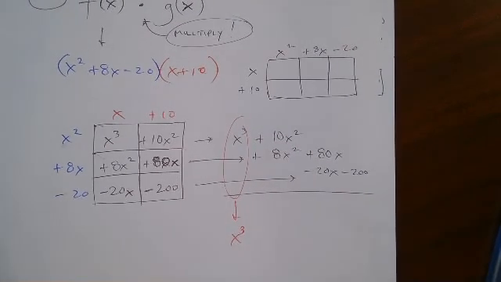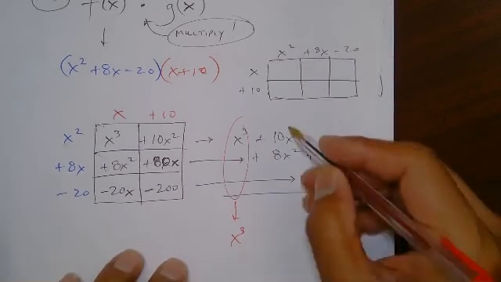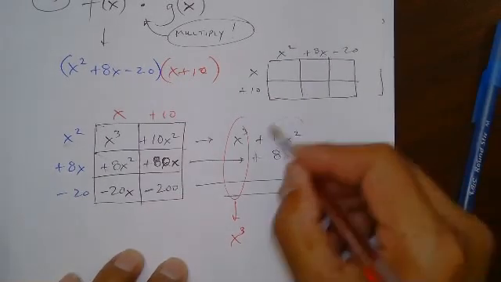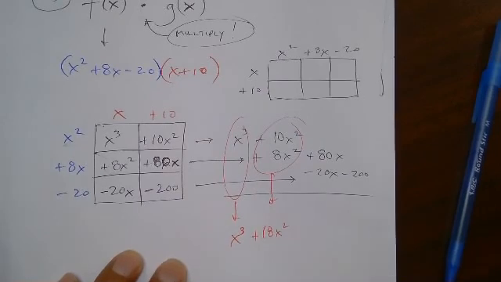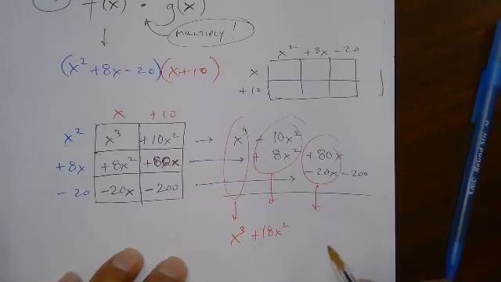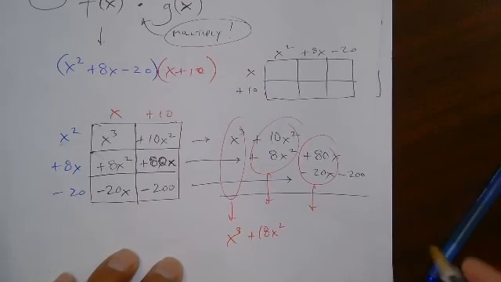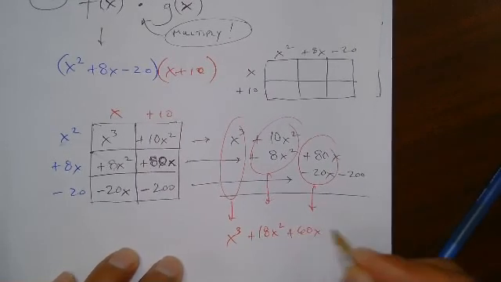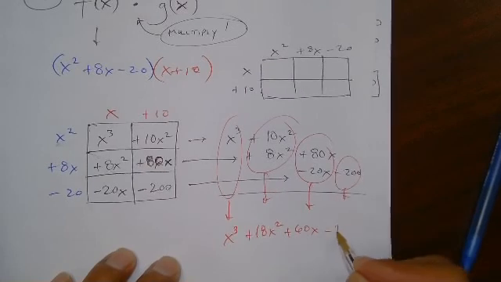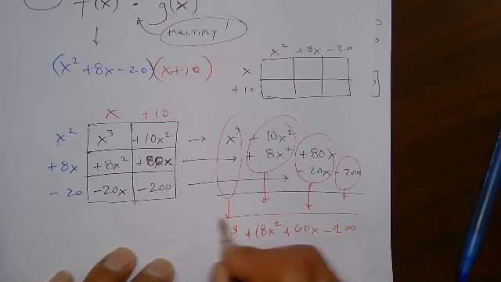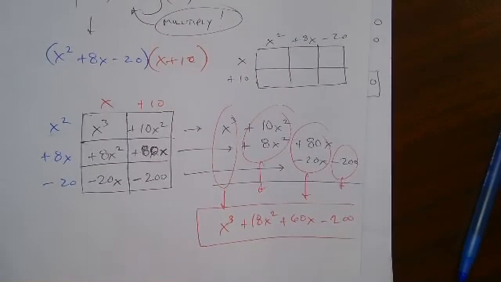Final answer. X cubed is the only x cubed, so x cubed plus 18x squared, yeah? Plus 60x minus 200.